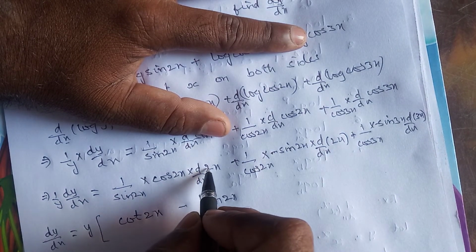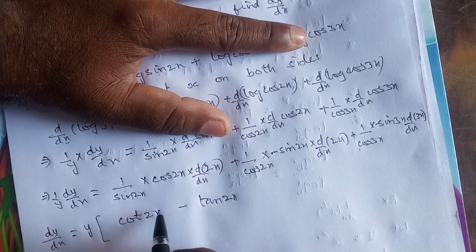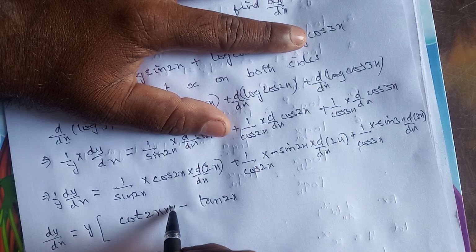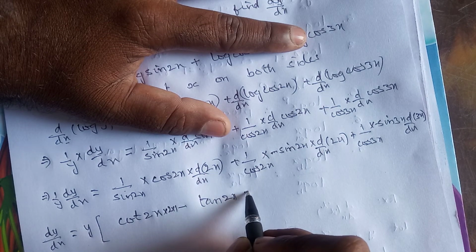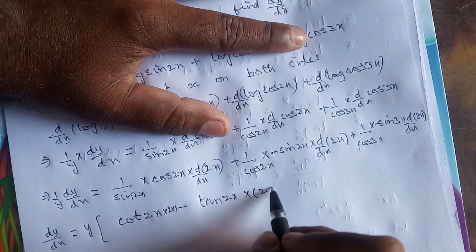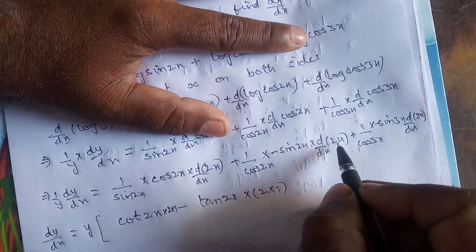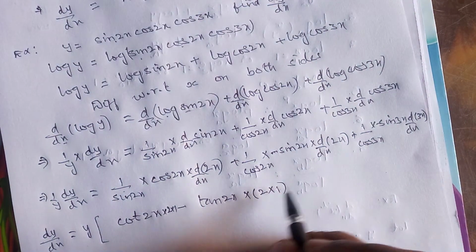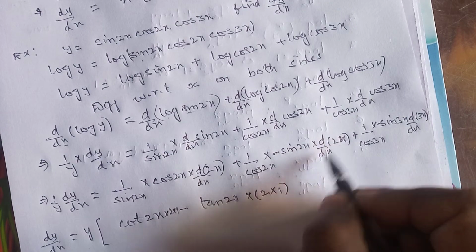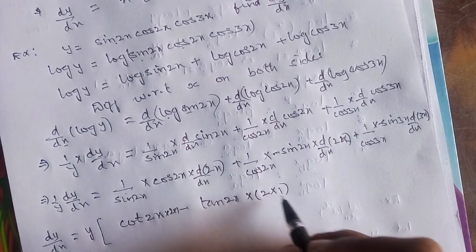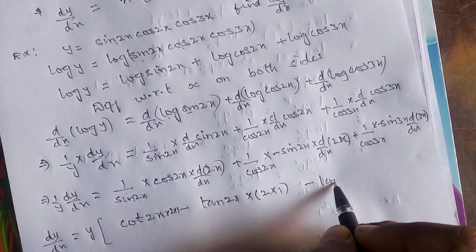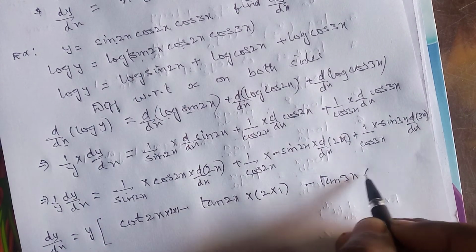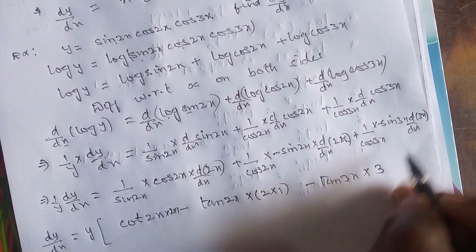The derivative of 2x is 2, constant outside, and the derivative of x is 1. Here similarly, 2 into 1. Here the same: plus into minus, minus sin by cos, tan 3x, again 3 outside, the derivative of x is 1.